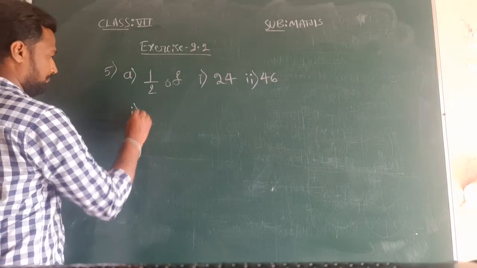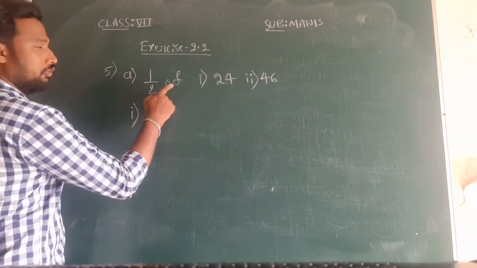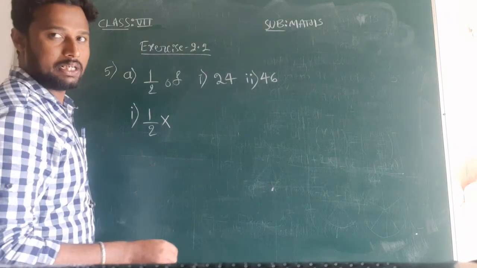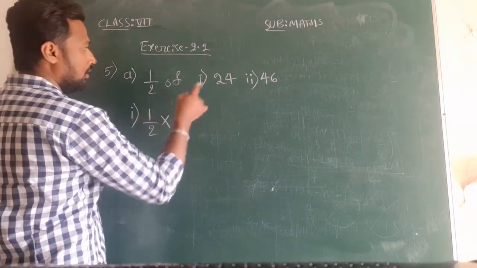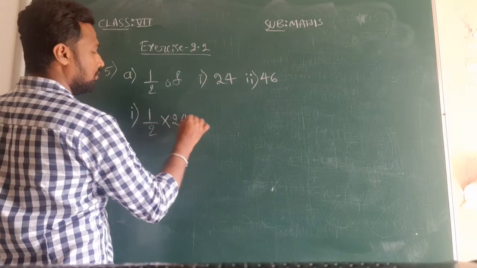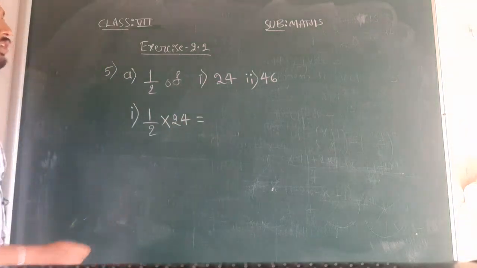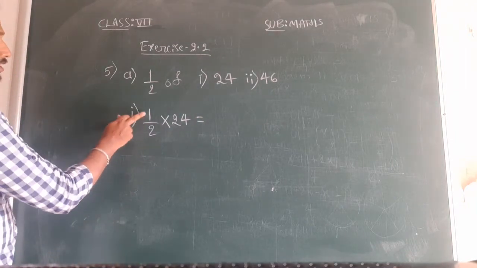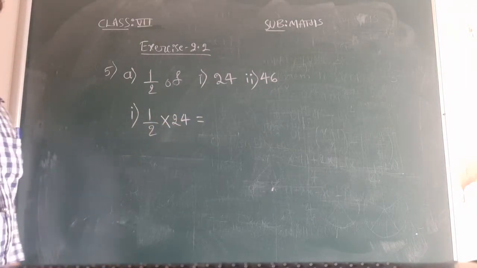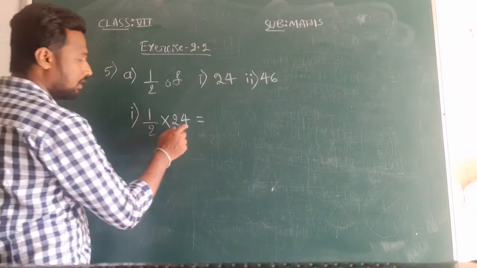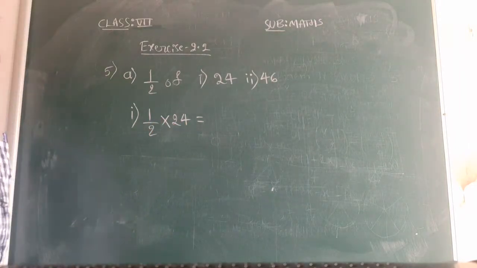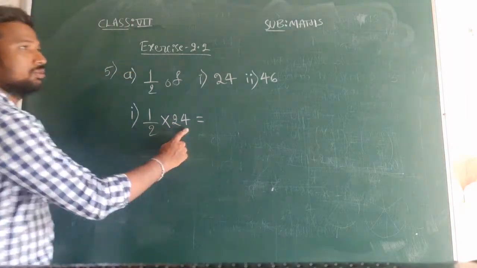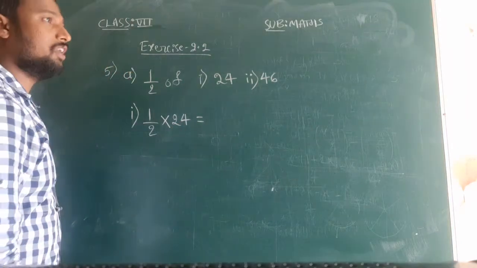So first one, 1 by 2 of. The operator "of" means multiplication. Already you know that. Next, 1 by 2 into 24. First you can multiply, then divide, or you can divide 24 by 2. And we know that 24 comes in table 2, because the last number is 4, and 2, 4, 6, 8 are even numbers.